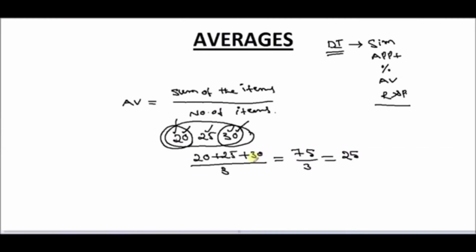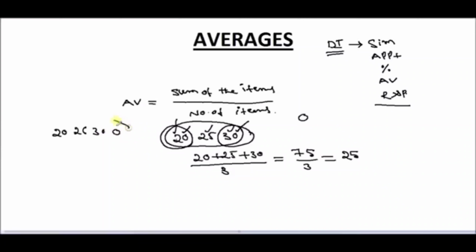Another one: suppose one of the findings is 0, how to take the average? Even though 0 does not have any value, you need to count 0 as one of the items. We cannot eliminate this. For example, find the average of 20, 26, 30 and 0.